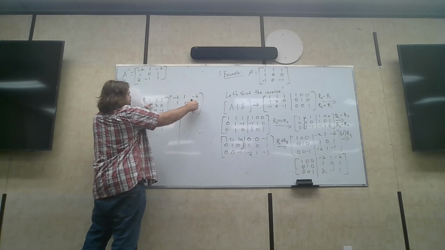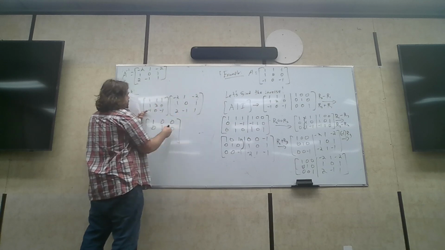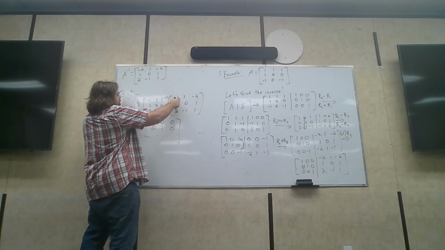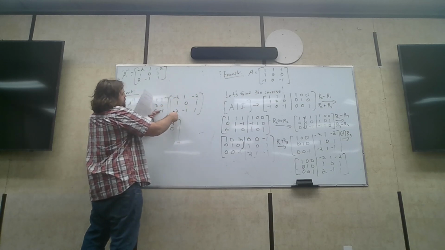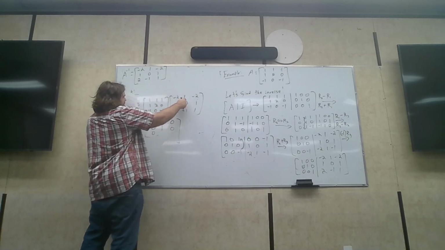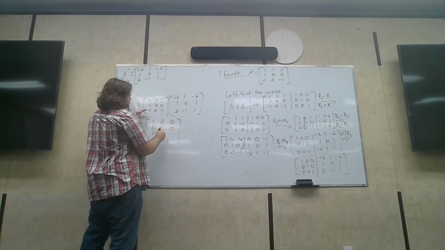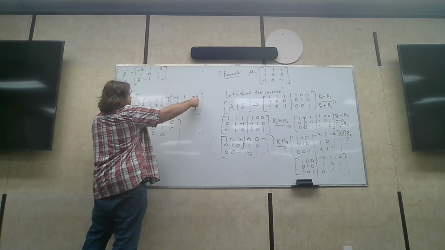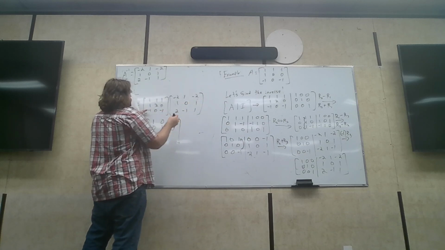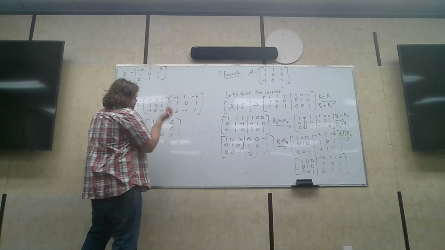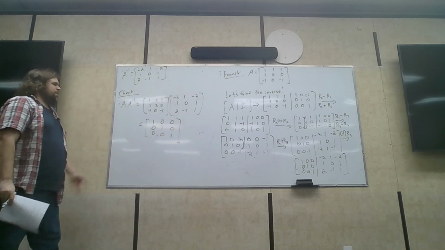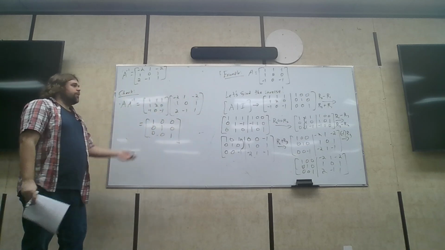Minus 2 plus 2 is 0, and then times 0. 2, 0, minus 2 is 0. This and that is 0. And minus 2 plus 2 minus 1 is 1, right? So it works out. I went through that kind of fast because I already know that the answer is going to work out.